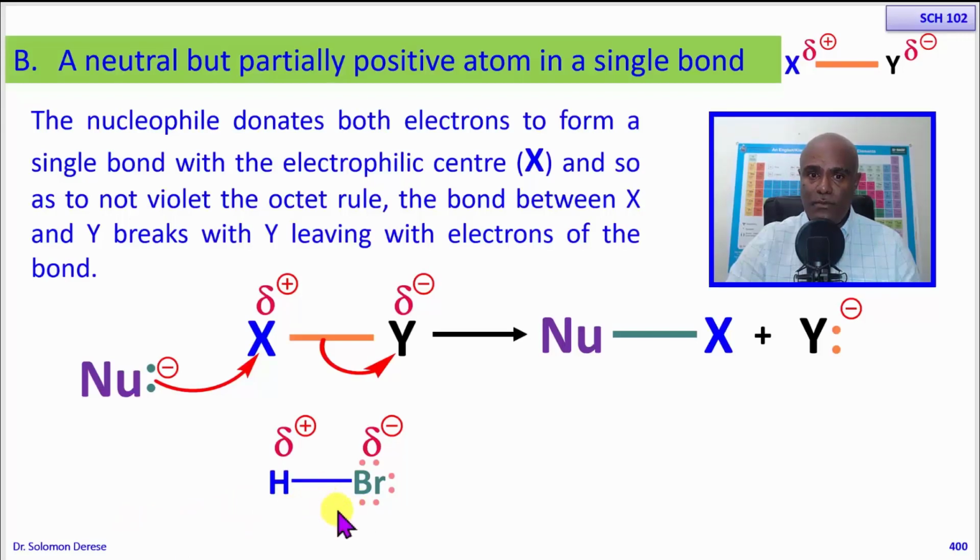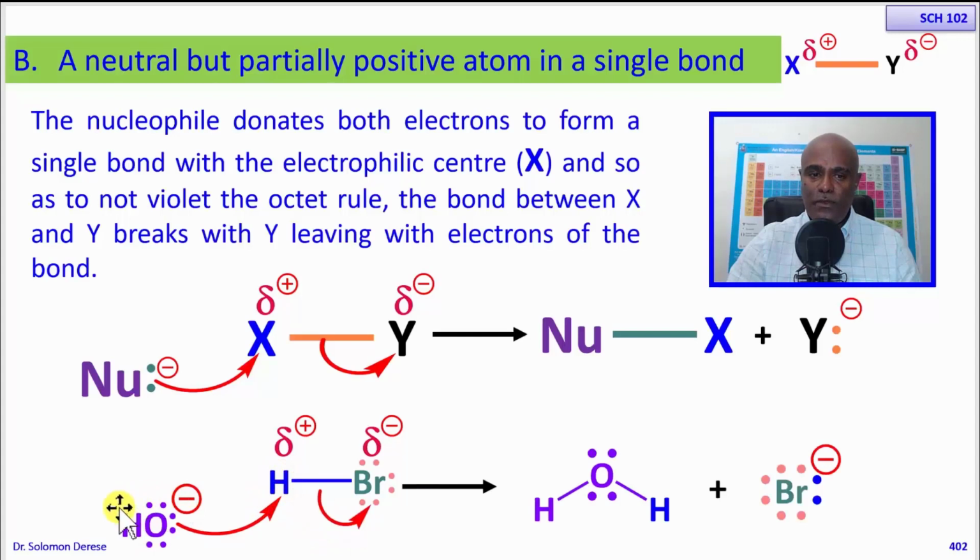If this bond does not break, on this hydrogen we'll have 4 electrons. So when this nucleophile attacks this electrophile and forms a bond with it, this particular bond has to break so as to not violate the octet of electrons, or the duet of electrons, on this hydrogen.